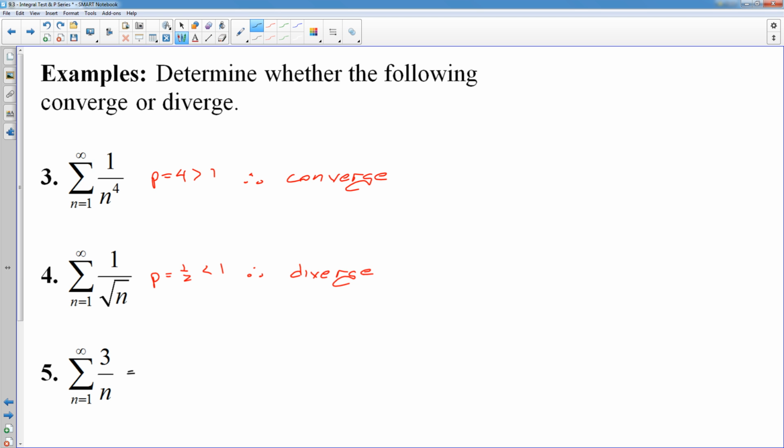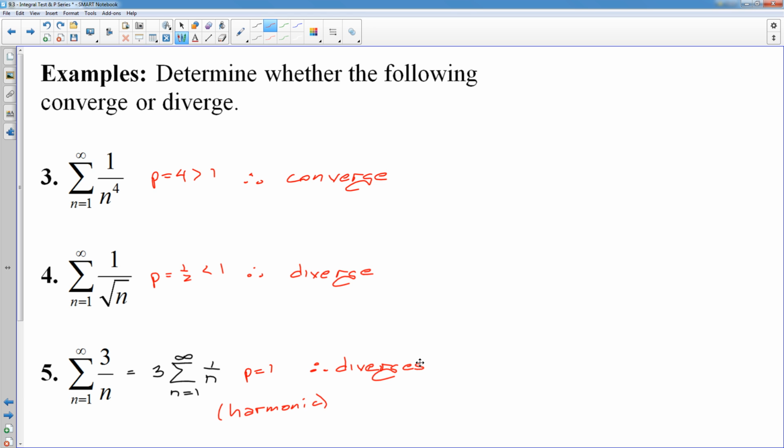If you wanted to kill this dead, you could rewrite that as 3 times the series from 1 to infinity of 1 over n. And in this case, this is p equal 1, also known as the harmonic series. That is a harmonic series, and that means this will diverge, which we have talked about the harmonic series in the past, but now this is another way that you know it diverges.